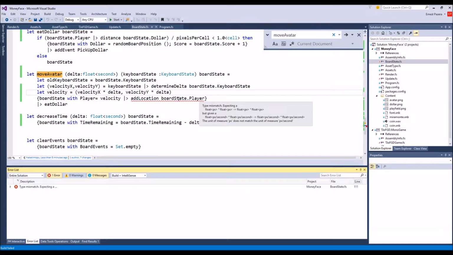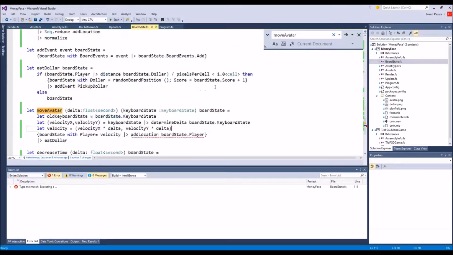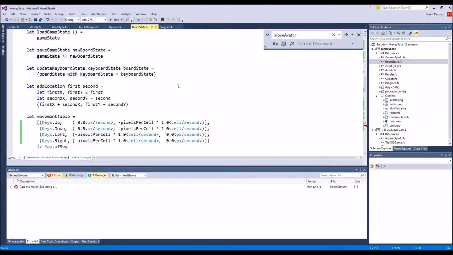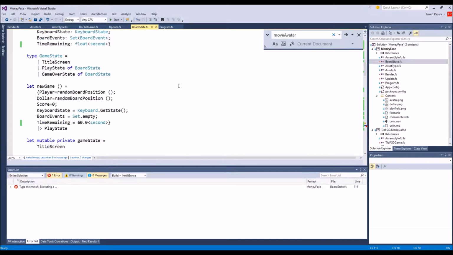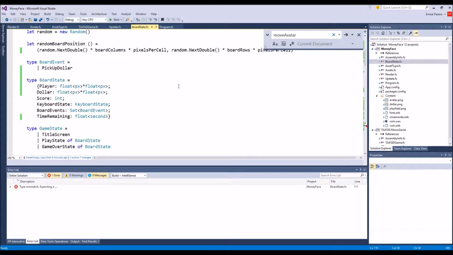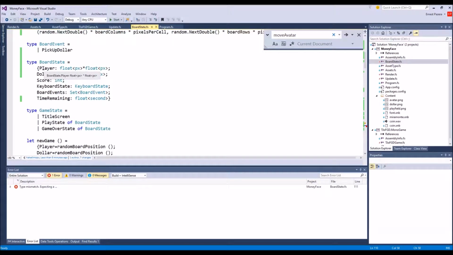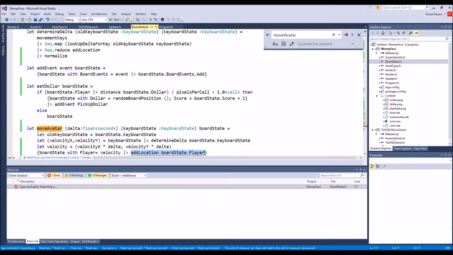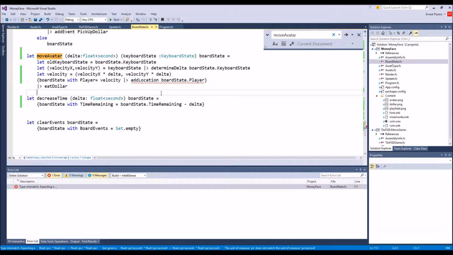Board state player. I got a board state player. So its player is a float px and that.